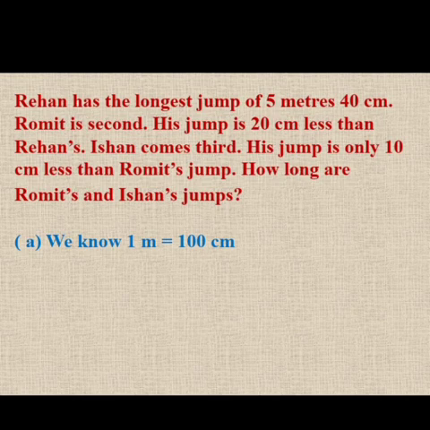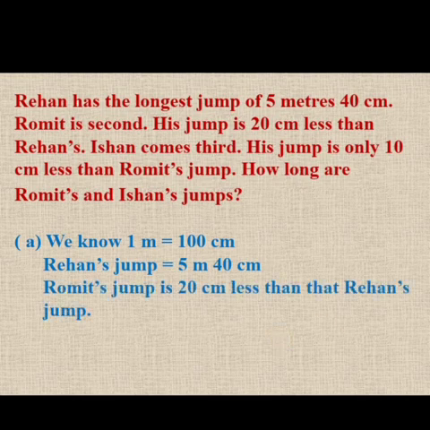As you all know that 1 meter is equal to 100 centimeter, right? Rehan's jump is equal to 5 meter 40 centimeter as it is already given. Now Romit is second and his jump is just 20 centimeter less than Rehan's jump.